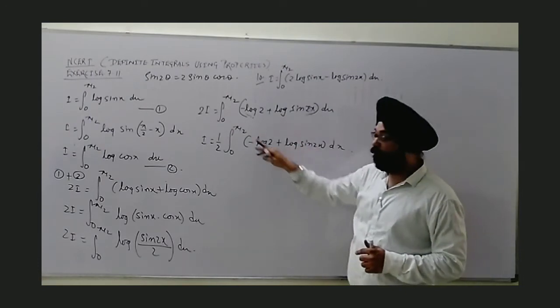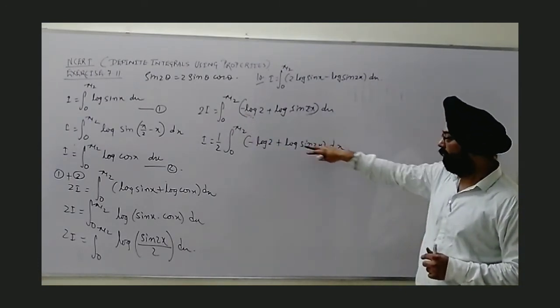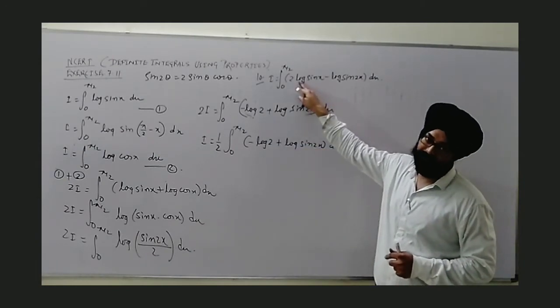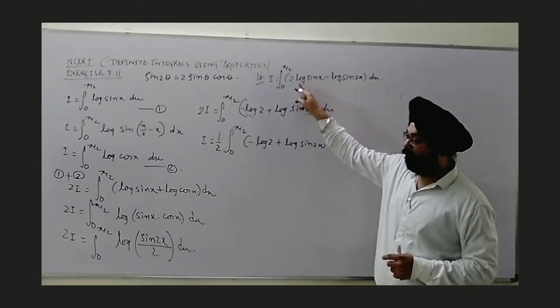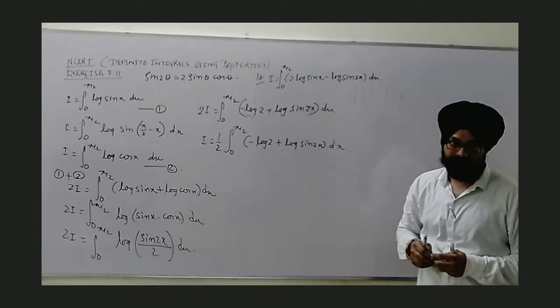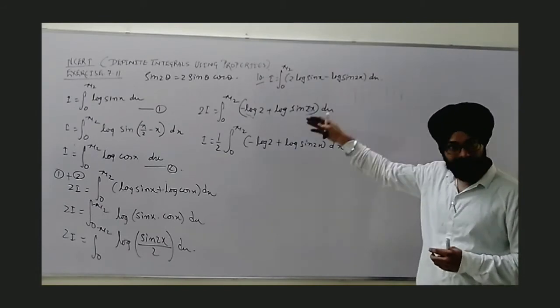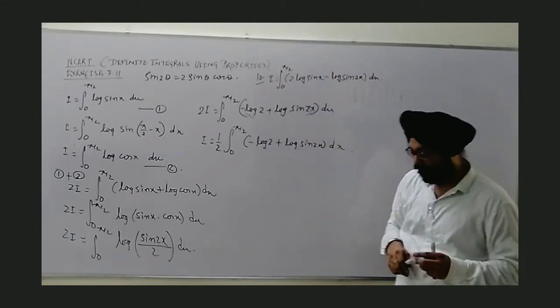Either you expand it completely and then you will get the result, or we can use this value directly. As I was intentionally explaining the integration of log sin x, I will continue with the same. What else do we do?